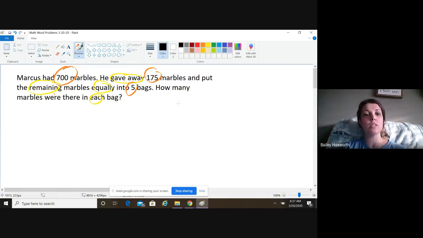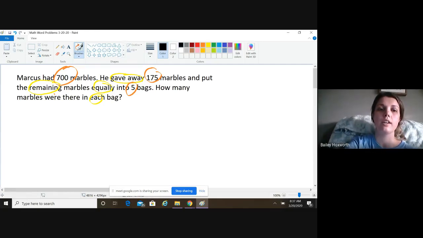And I know each means I can either be multiplying or dividing, but that word equally definitely tells me I'm dividing. Because if I'm splitting something up evenly, I want to make sure that everybody's getting the same amount. I need to divide it. So, gave away, subtract; equally, divide.